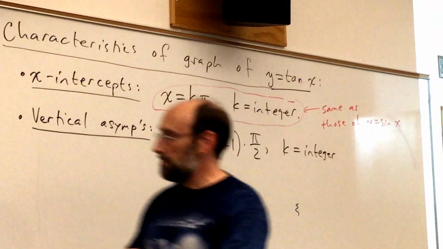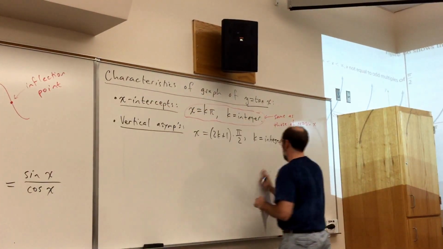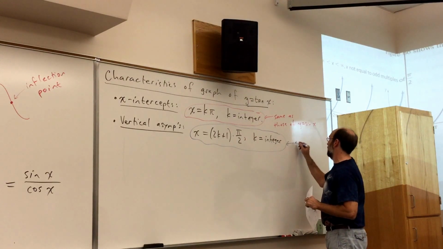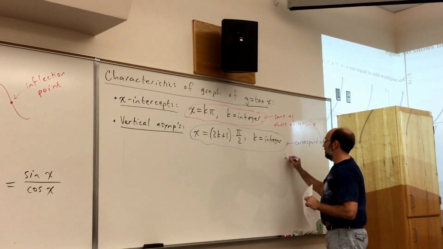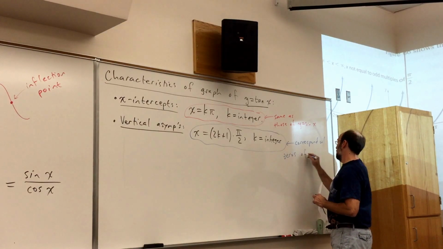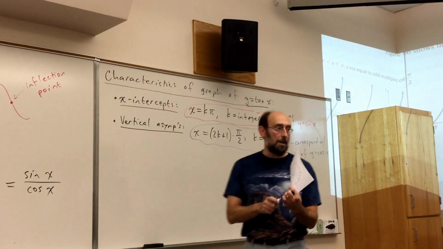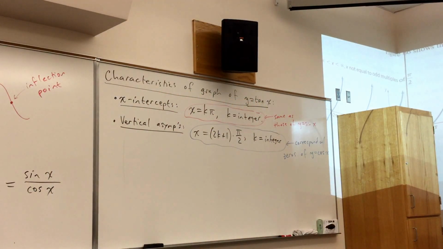And these correspond with the x-intercepts of the cosine function, or the zeros of the cosine function. Since the cosine function's in the denominator, when you get a 0 in the denominator, you're going to end up with a vertical asymptote in this case, okay?